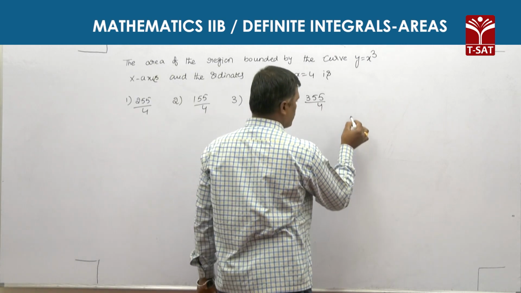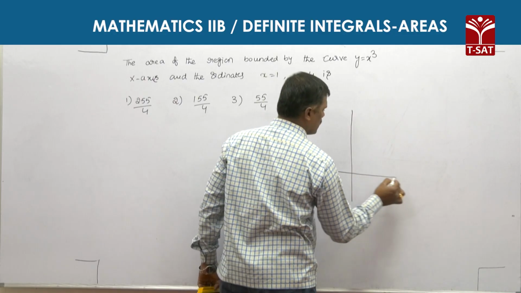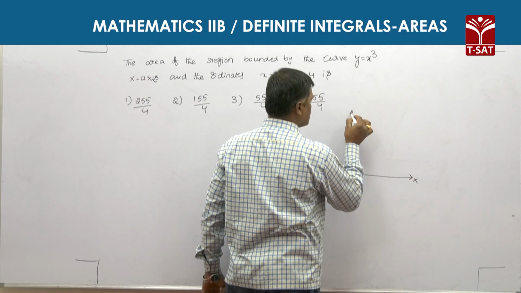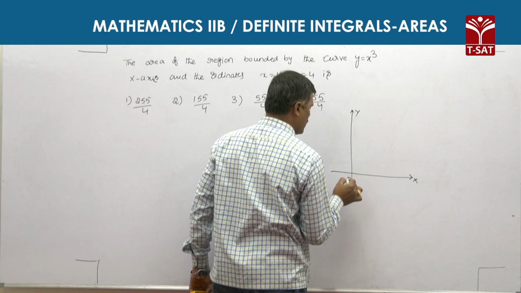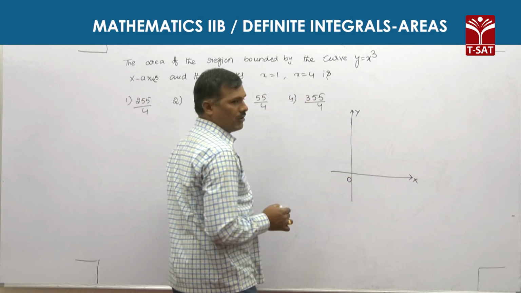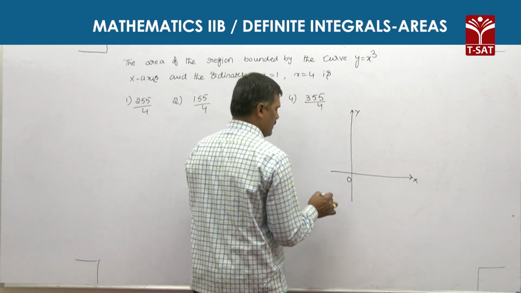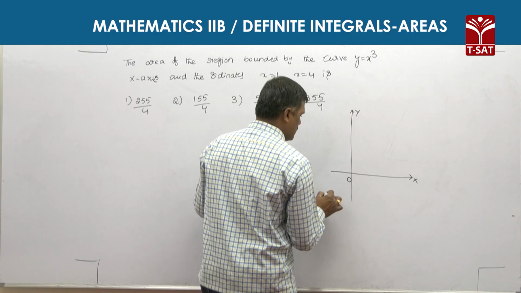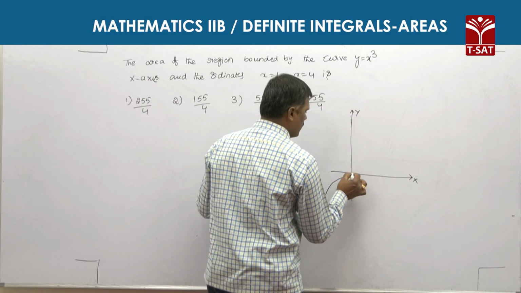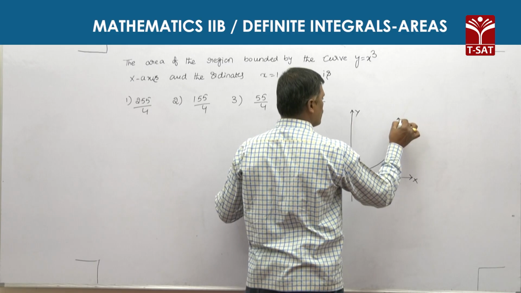First, draw the graph of the given function y is equal to x cube, with the x-axis and y-axis, and this is the origin. This is the graph of the curve y is equal to x cube.